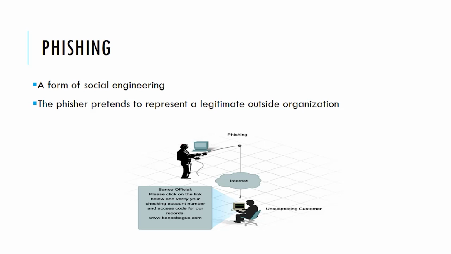This is some sort of phishing. It can be over the phone, over email, or by any means of communication that you are using to fool someone and make him your victim, to tell you or give you some of his assets to be used.